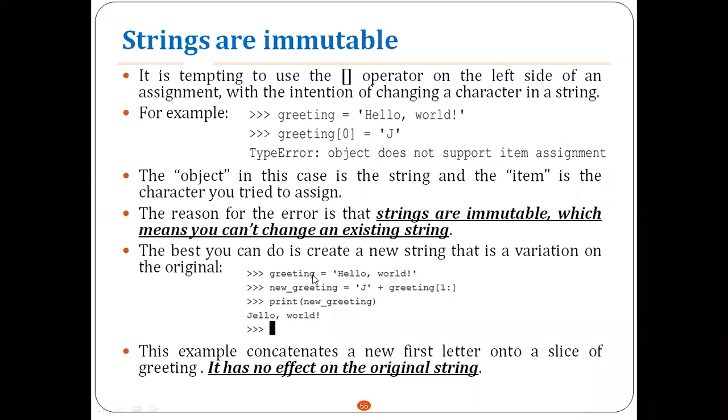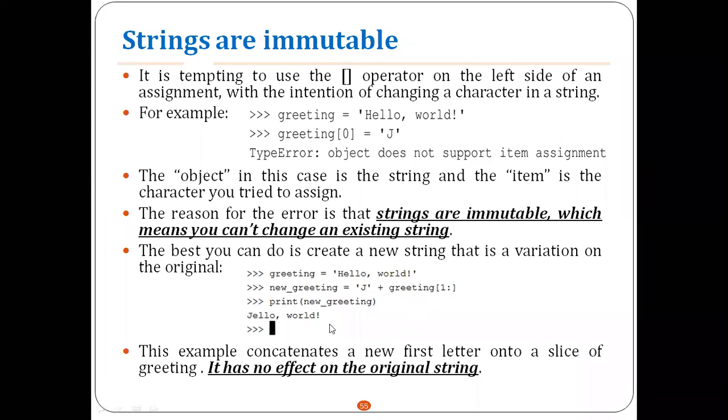So in the previous example, we tried to change the first character of the existing string, which is not allowed. That's why we have made use of the concatenation operation with string slicing. We have appended the j at the beginning, followed by all the remaining characters except the first character within the string object.